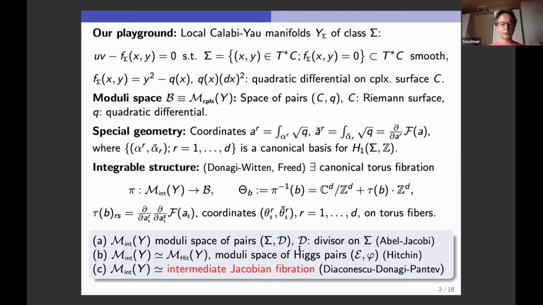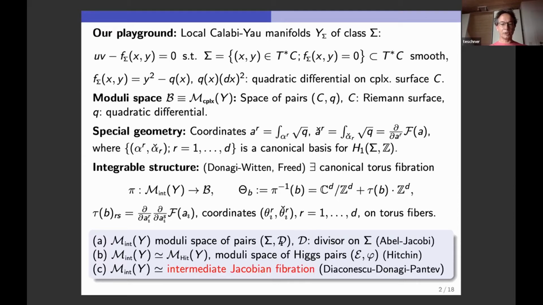Three other pictures or incarnations of this moduli space will be of some importance. Here we have these tori. We can identify these tori with the Jacobian or Prym varieties of this curve sigma.